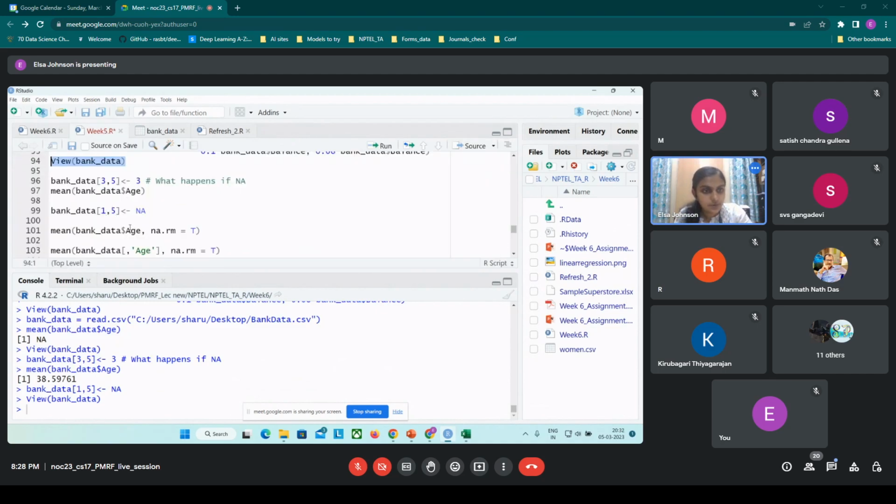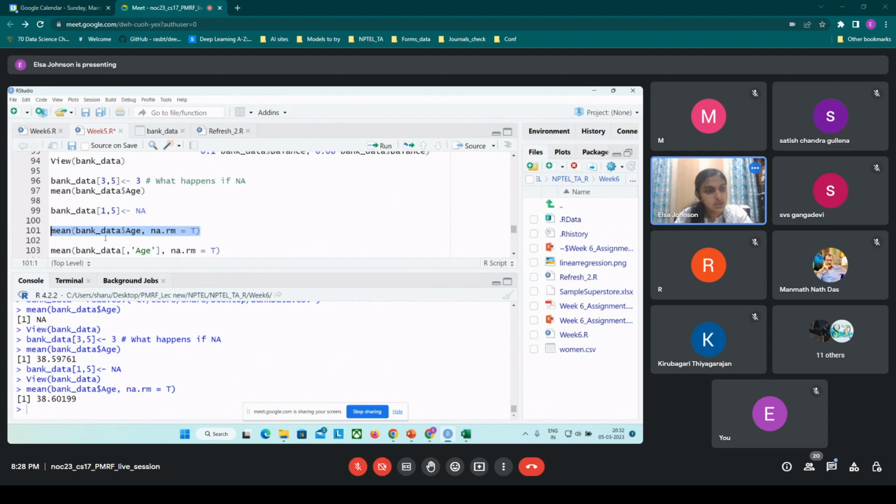Now if we want to calculate the mean and remove the NA value, you can use na.rm equal to true. So there are two methods. One method is like this. There is no problem if missing values are also present. You have to just put na.rm equal to true. There is another method also.